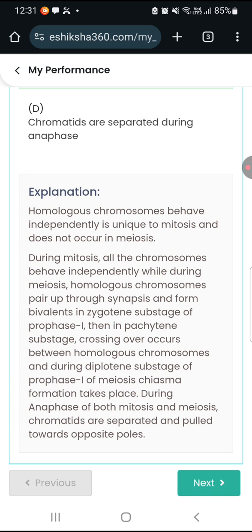Then in the pachytene substage, crossing over occurs between homologous chromosomes, and during the diplotene substage of prophase 1 of meiosis, chiasma formation takes place. During anaphase of both mitosis and meiosis, chromatids are separated and pulled towards opposite poles.